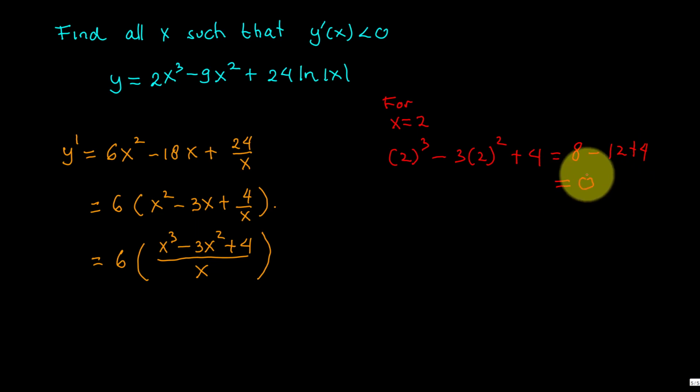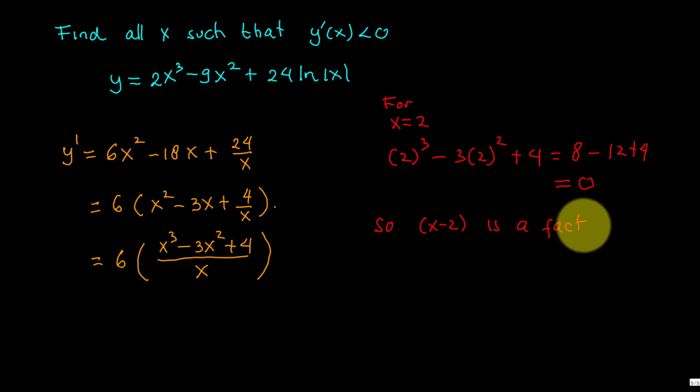So what does this tell us? This tells us that x minus 2 is a factor of x cubed minus 3x squared plus 4.